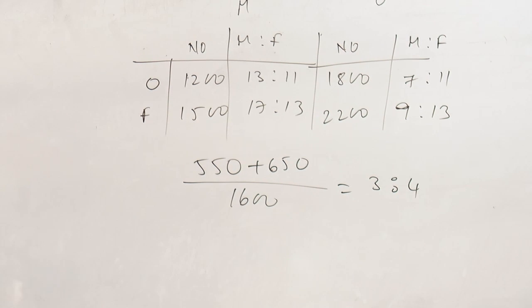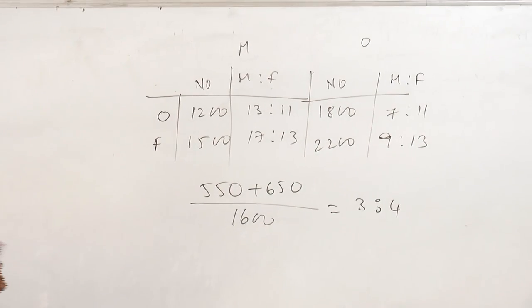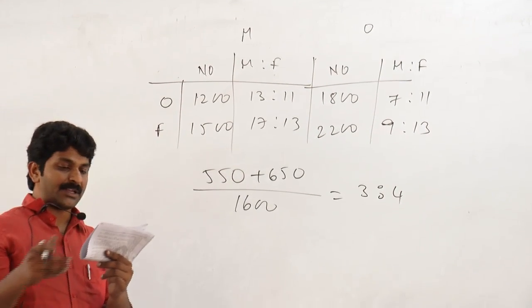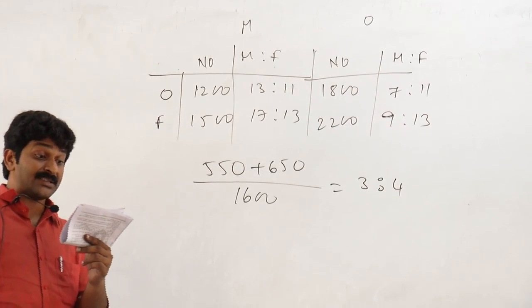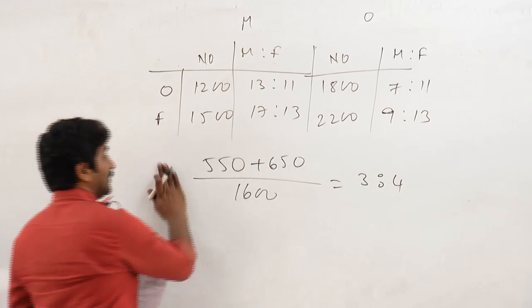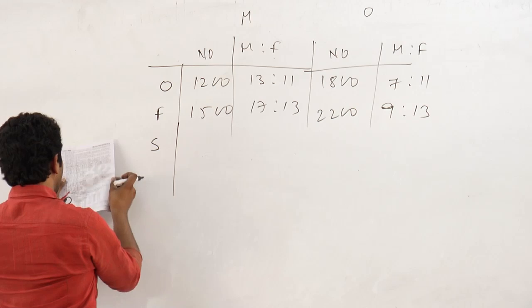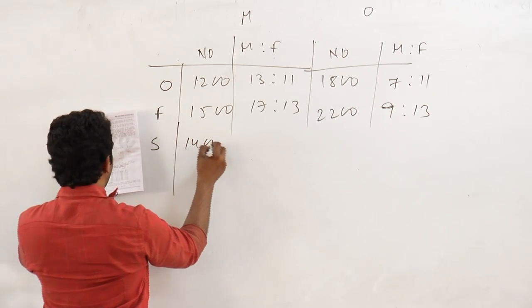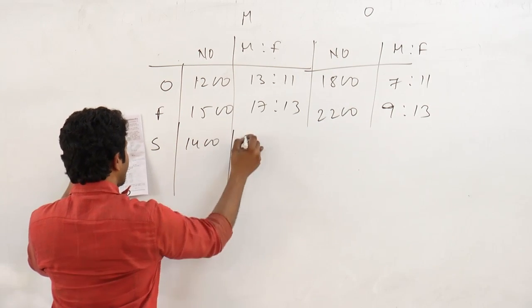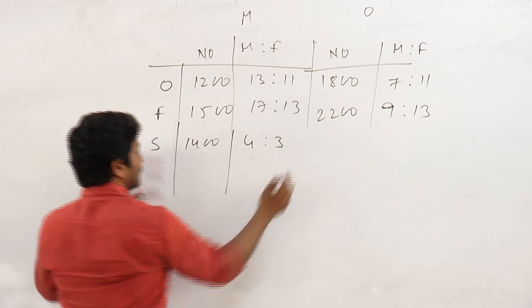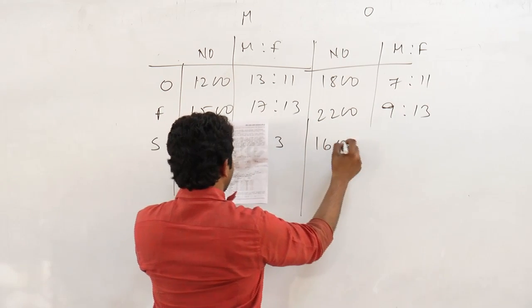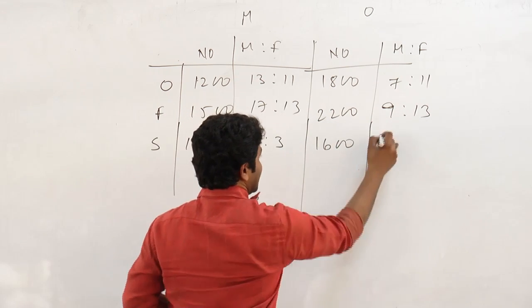Next, 52. The total female managers in the finance department is what percent of the total male managers in the sales department? It asked about percentage. In sales we have a total of 1400 managers whose ratio is 4:3. So let me write this also.